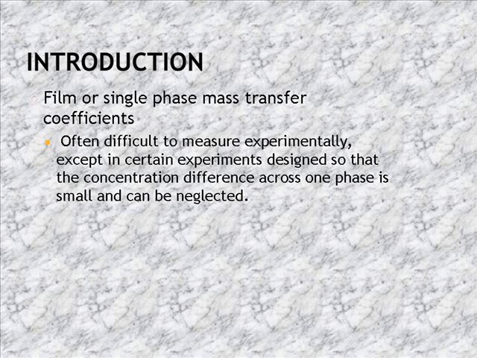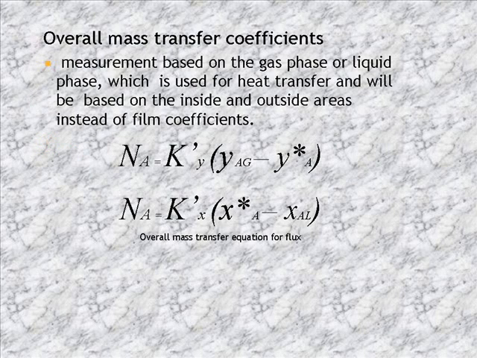What is the overall mass transfer coefficient? It has measurements based on the gas phase or liquid phase, depending on the side of interest, which is used for heat transfer and will be based on the inside and outside areas instead of the film coefficients.